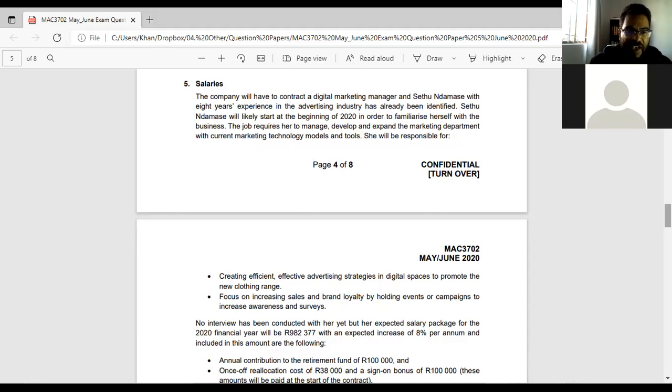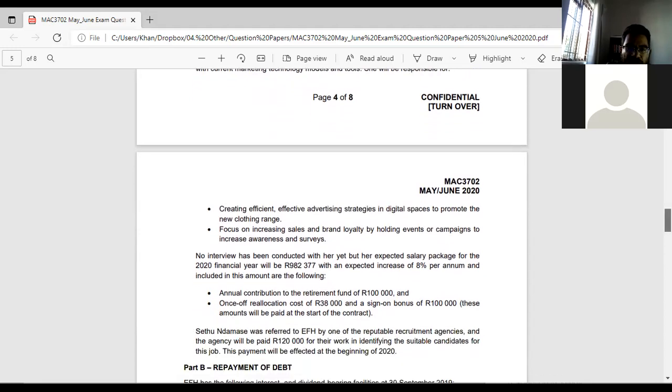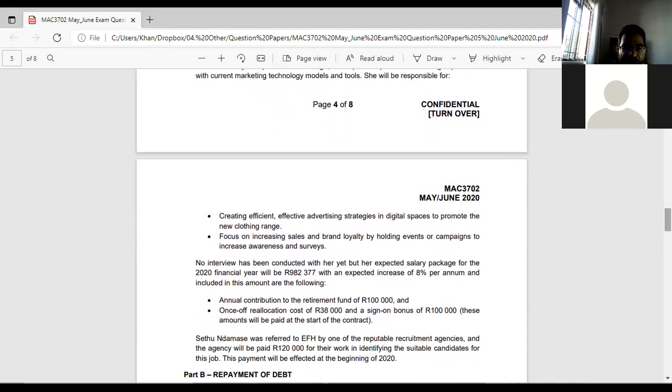No interview has been conducted with her yet, but her expected salary for the 2020 financial year will be 982,000 Rand with an expected increase of 8% per annum, and included in this amount are the following: annual contribution to the retirement fund of 100,000, a once-off relocation cost of 38,000, and a sign-on bonus of 100,000.